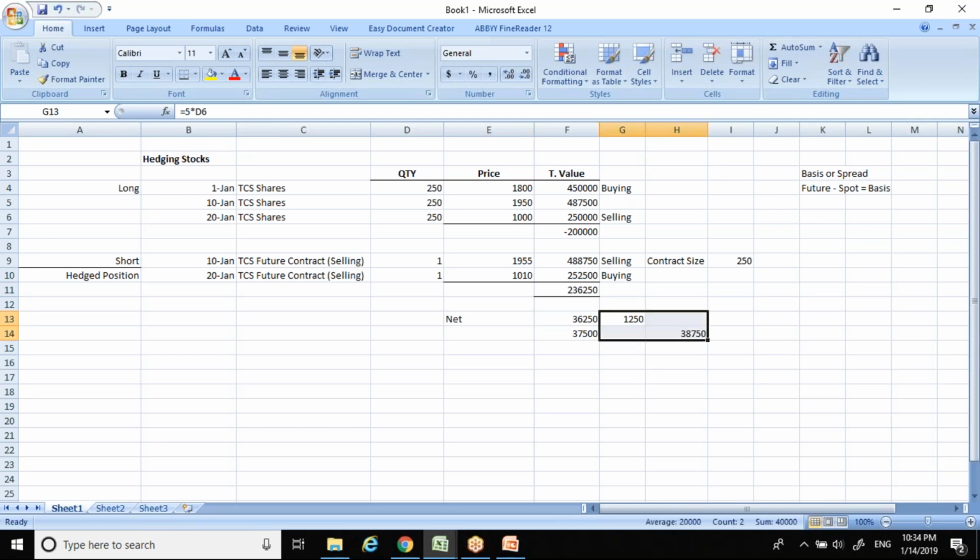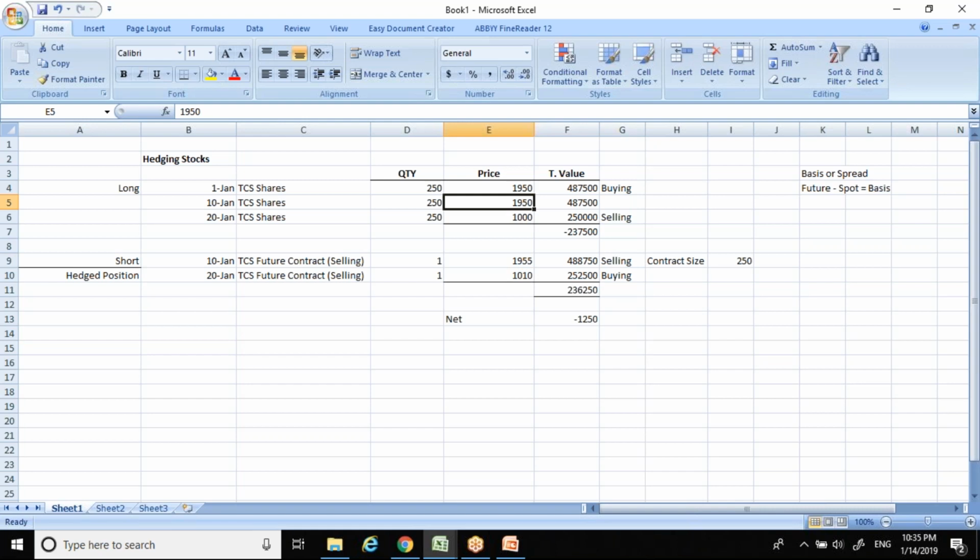Now keeping it more simple, let's recalibrate it with new numbers. Let's suppose you purchased at 1950 on 10th January, and the price remains 1950.